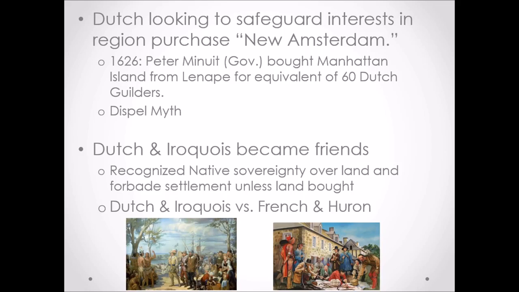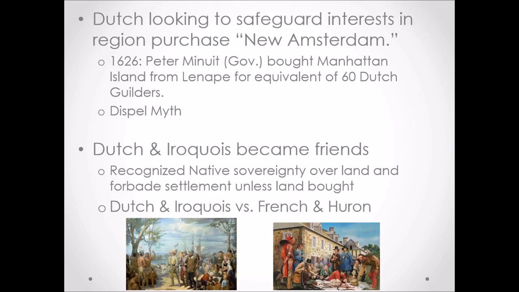So ultimately, the Dutch in this territory are becoming friends more with Native Americans. They have more of a friendship approach with the natives than the Spanish, who are in there doing their own thing, conquering. Basically, the Dutch here befriend the Iroquois Confederacy, and you're going to get a bit of a rivalry between the Dutch and the French and the Huron.